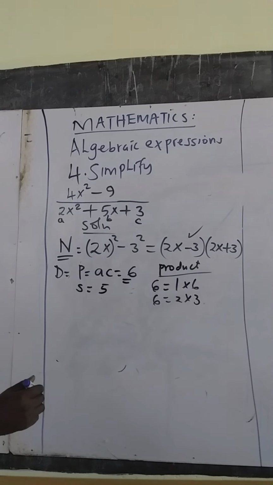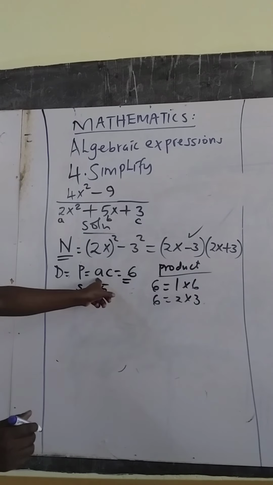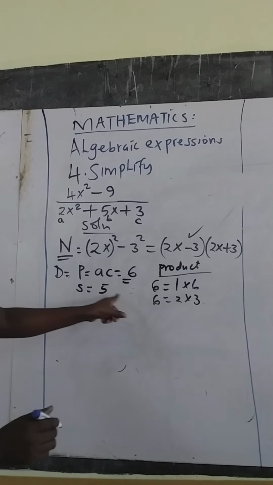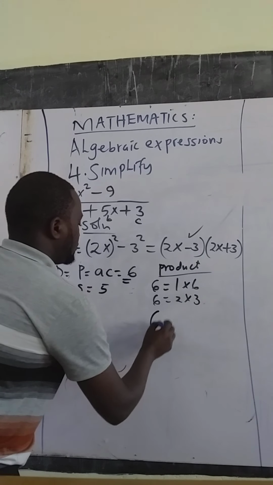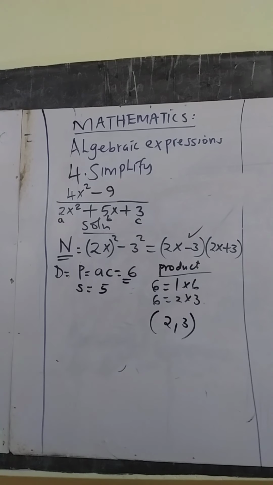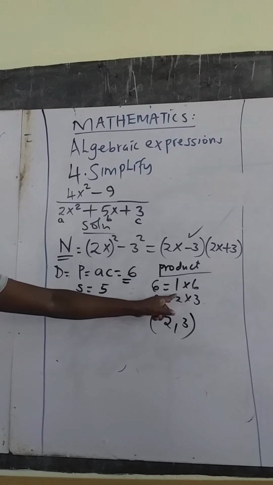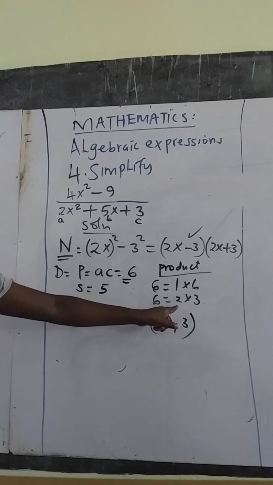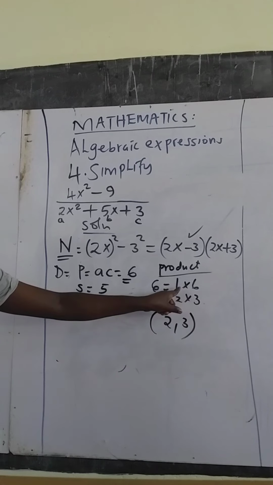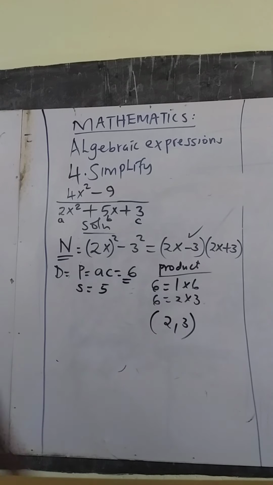Student, which numbers do we have here? If we take 2 and 3, don't manipulate them. If you take 2 plus 3, this gives us 5, and 2 times 3 gives us 6.